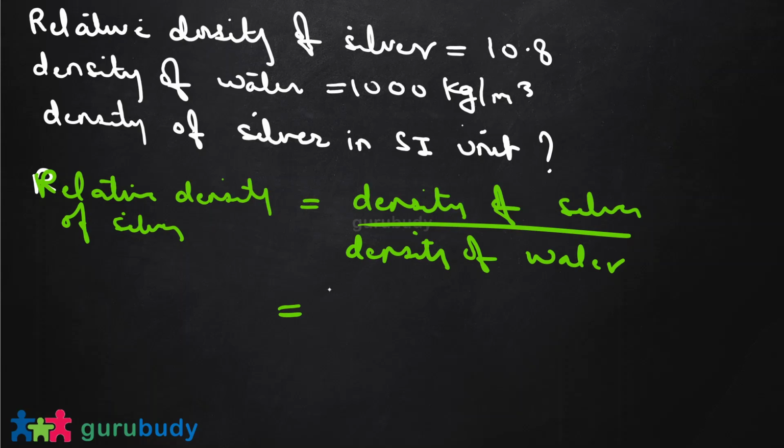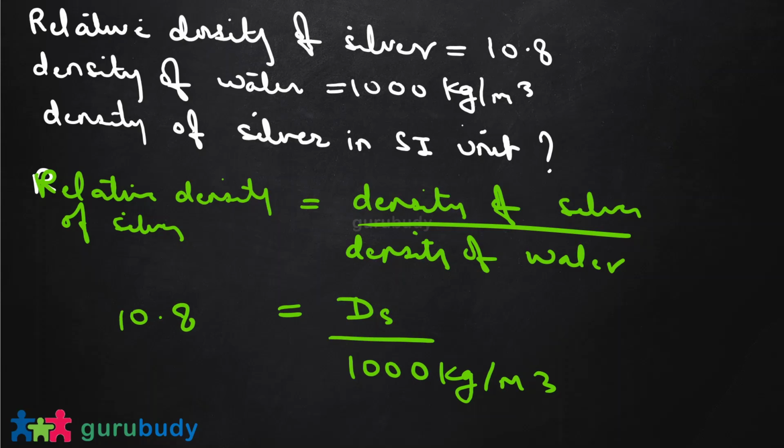So the density of silver, let's say D, that's what we want to find out. Density of the water is 1000 kg per meter cube, and we know relative density of silver is 10.8.